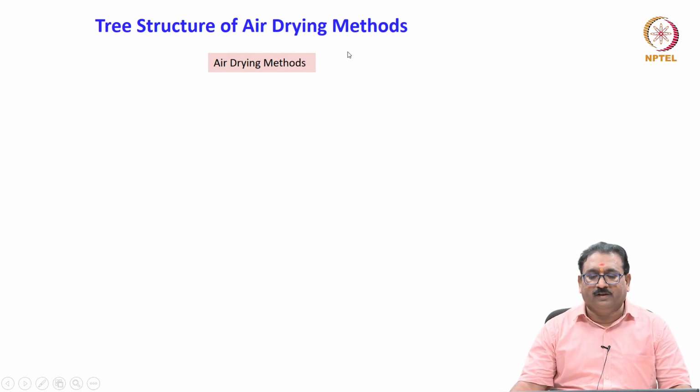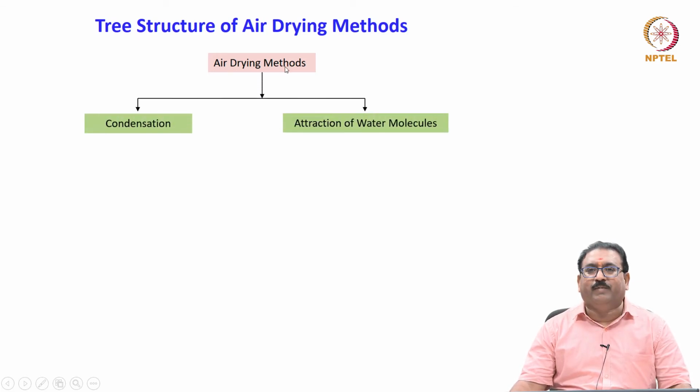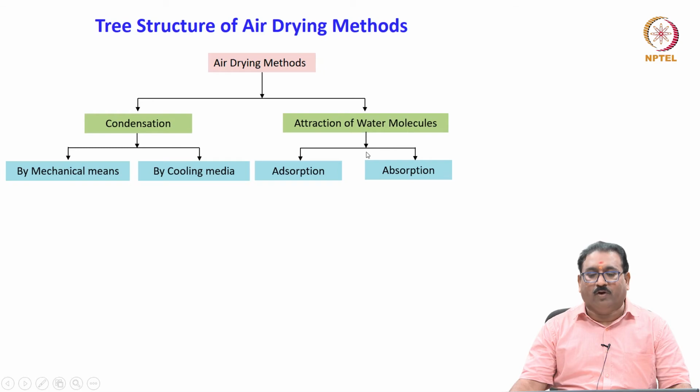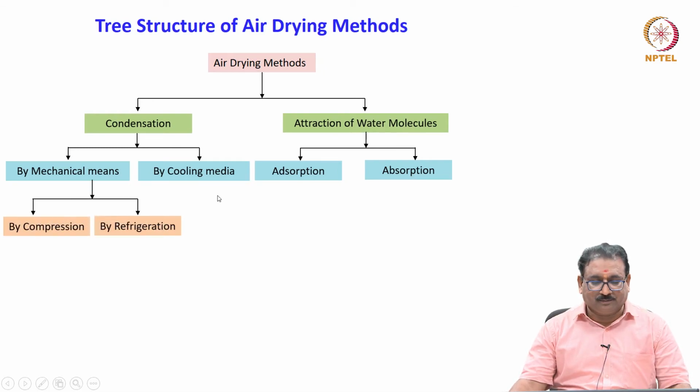Quickly we will see there are different air drying methods. We will see the tree structure. Air drying methods are classified based on how you are removing the water from the compressed air: condensation process or attraction of water molecules. In condensation, by mechanical means or by cooling media. In attraction of water molecules, the adsorption and absorption principle.